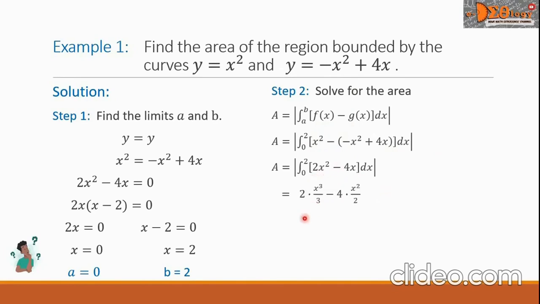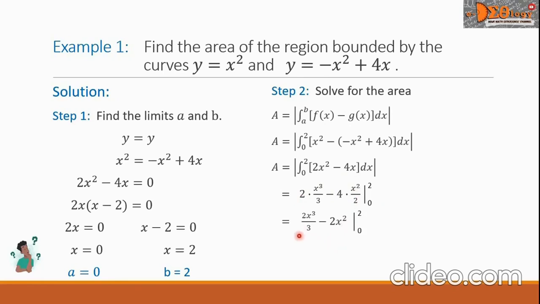2x squared becomes 2 times x cubed over 3, minus 4x becomes 4 times x squared over 2. Later, we will evaluate this with the limits of integration. We can simplify further this expression, and it becomes like this.